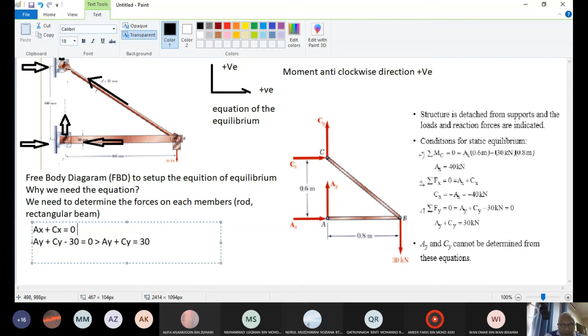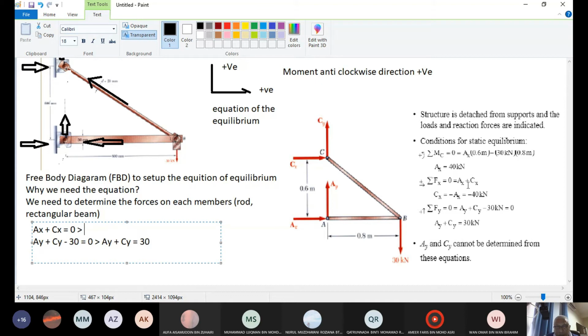But for the top one, you can solve. We can say Ax, sorry.